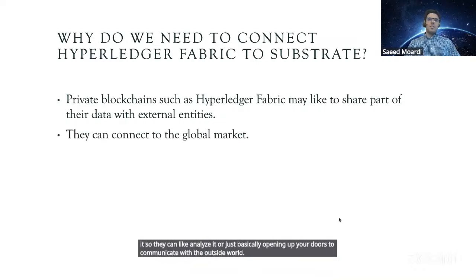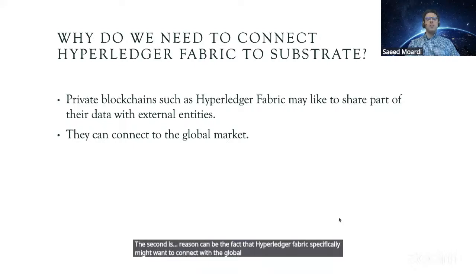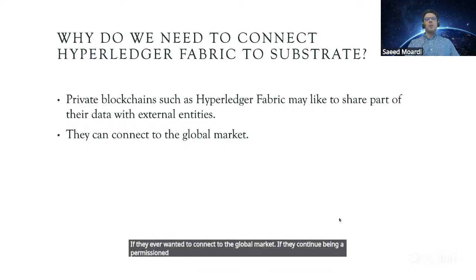The second reason can be the fact that Hyperledger Fabric specifically might want to connect to the global market. In the supply chain example, if they ever wanted to connect to the global market, if they continue being a permissioned blockchain and stay isolated from the outside world, they can never connect to the global market.